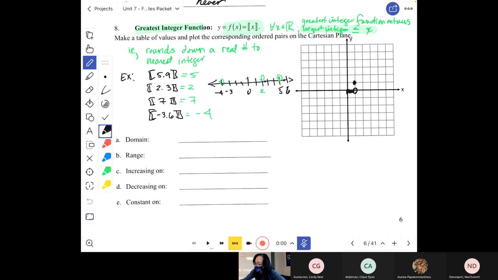Okay, so when my input x is 1 and 1.1, 1.2, 1.3, 1.4, I'm still rounding down to y equals 1, but as soon as I get to 2, I'm at y equals 2. 2.1, 2.2, 2.3, 2.4, I'm still rounding down to y equals 2, but as soon as I get to 3, I'm here. Do you understand the graph of the greatest integer function? Does anybody not understand the graph, how we arrive at this graph?